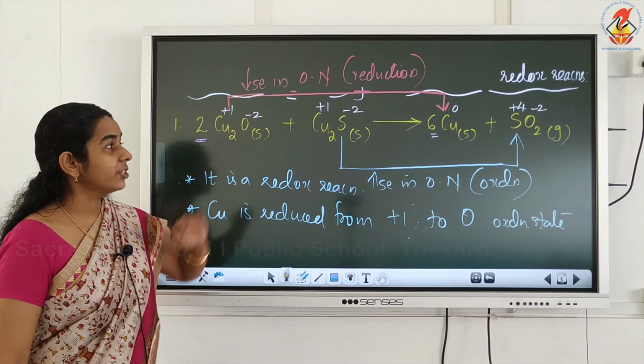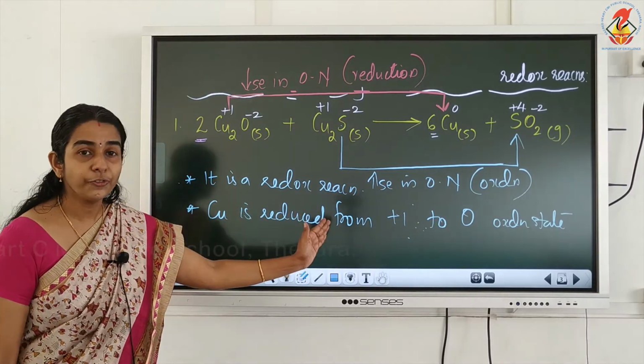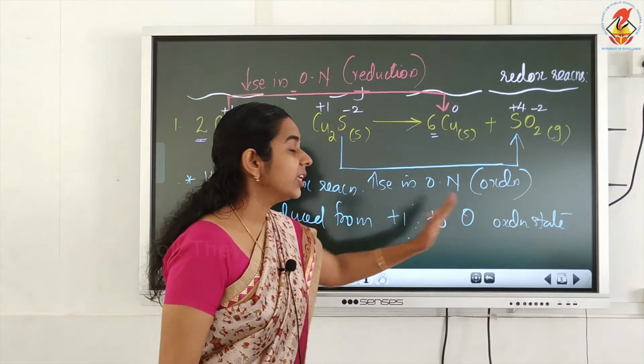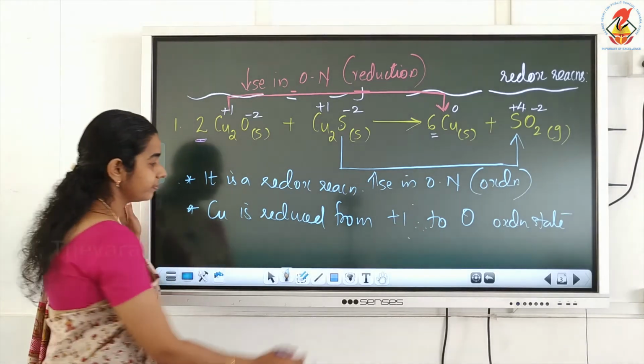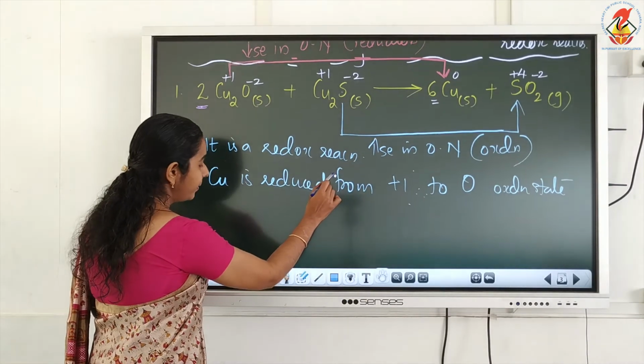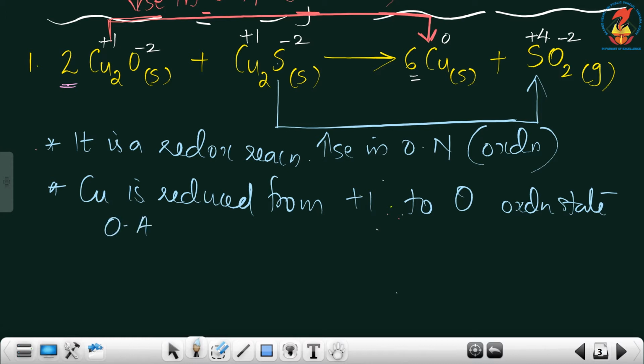A decrease in oxidation number means it is undergoing reduction. So copper is reduced from +1 to 0 oxidation state, undergoing reduction. So it will be acting as the oxidizing agent or oxidant.